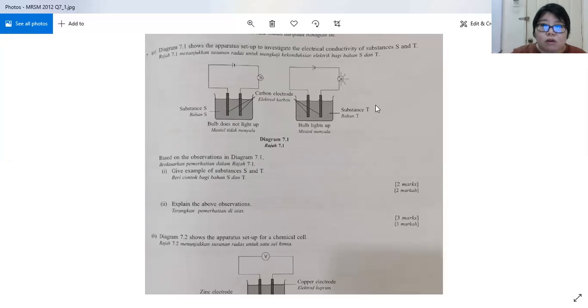What is the purpose of the diagram shown? Keywords again. I always emphasize on identifying keywords. So what is the keyword?